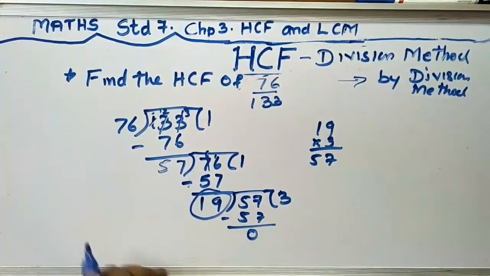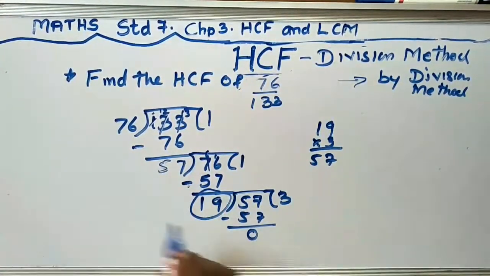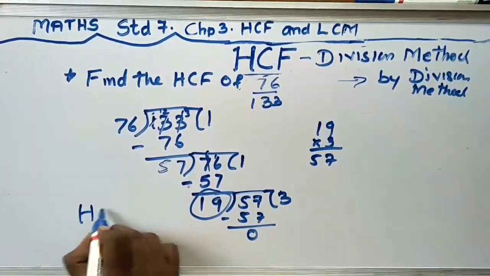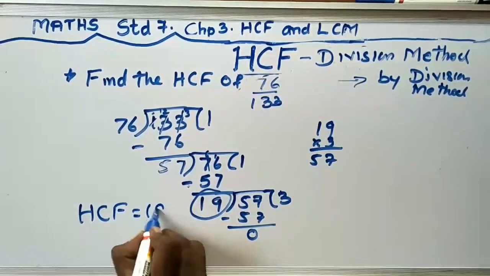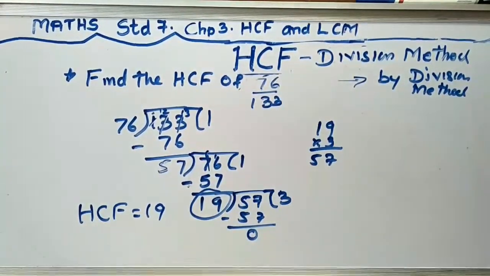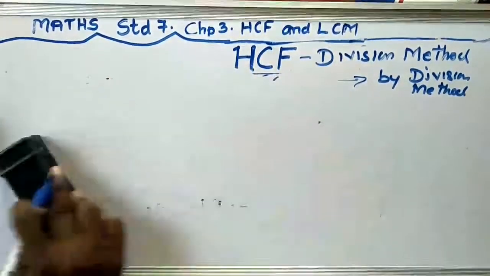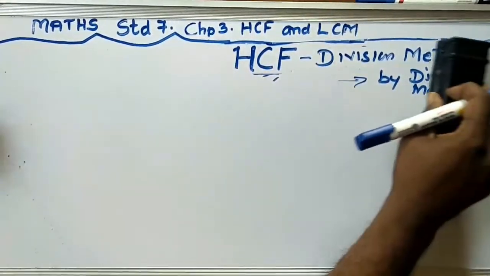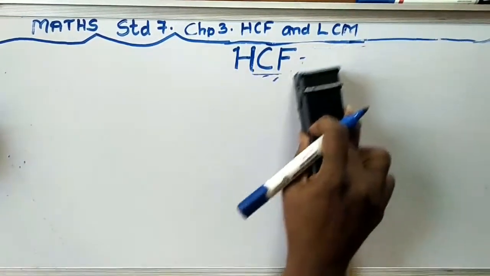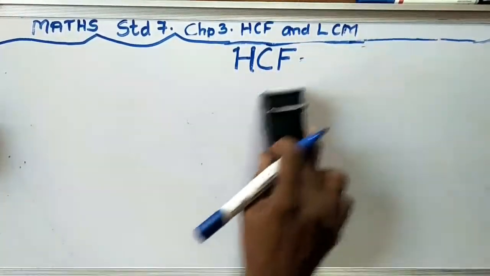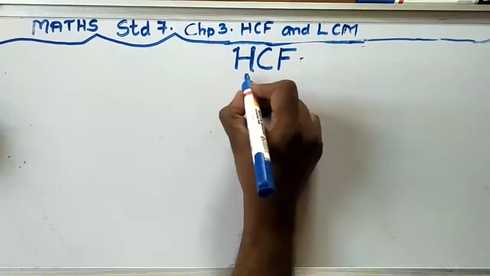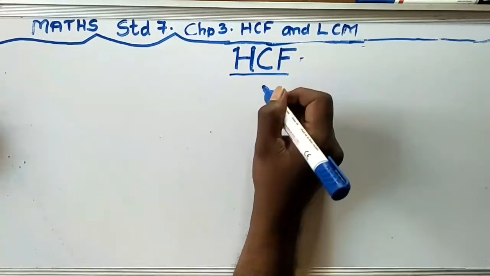Now because of this 19, I got 0, that means our HCF is 19. I think you understood how to find the HCF by division method. If you are confused, you can see the video again and again so that you will learn how to do it.